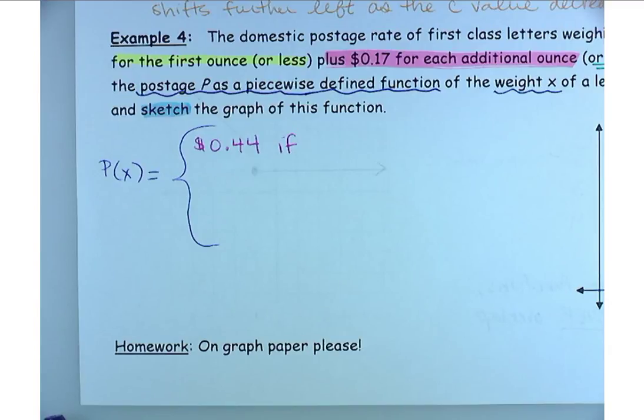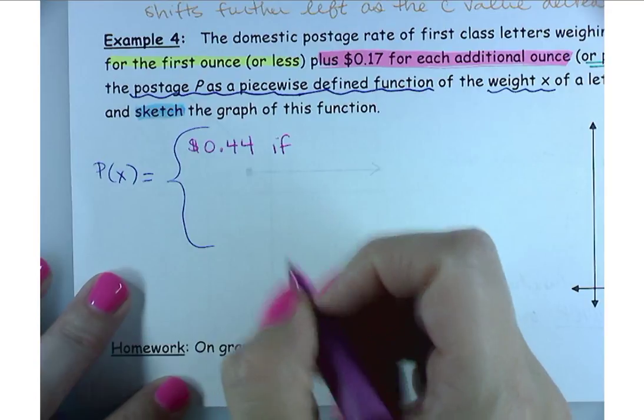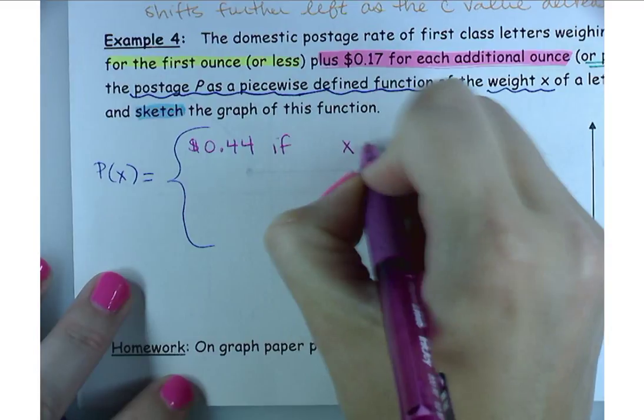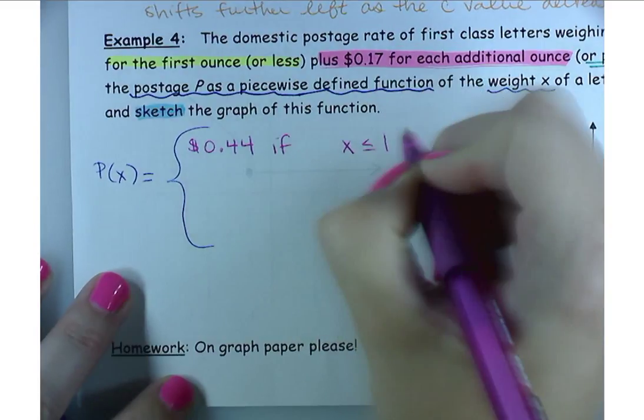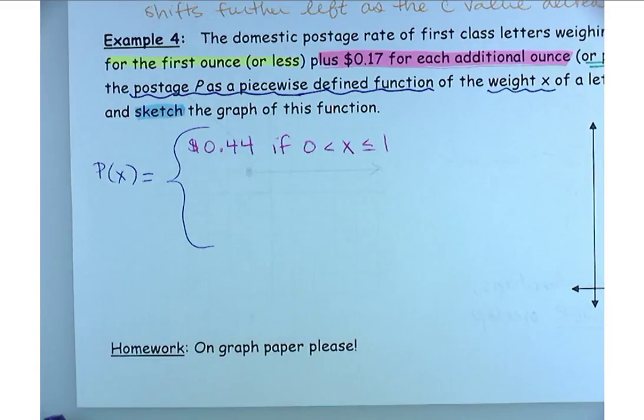So think about that. If you have an item, what's the lowest weight that you can have? Really, it's going to be 0. So if it's anywhere between 0 and 1, then that's going to be your first interval.